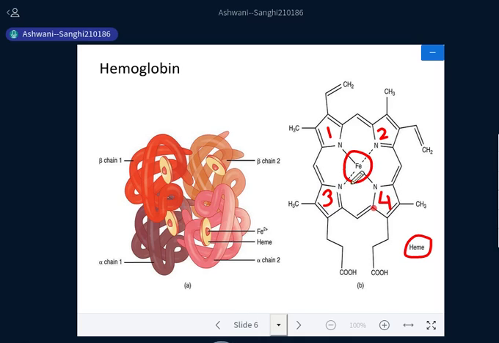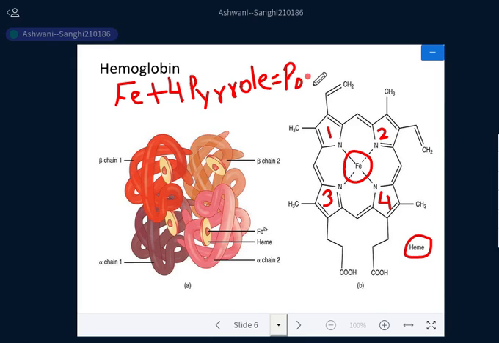This iron plus 4 pyrrole rings are collectively called the porphyrin ring.